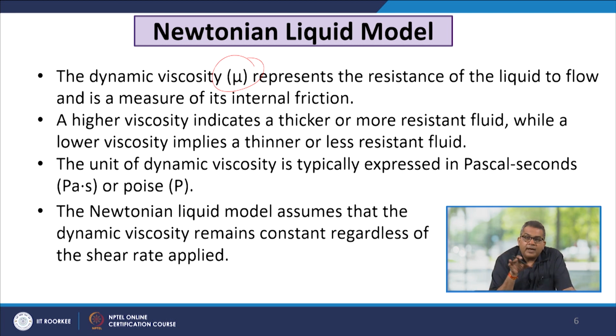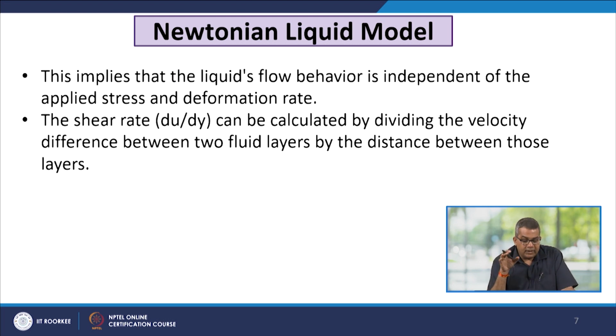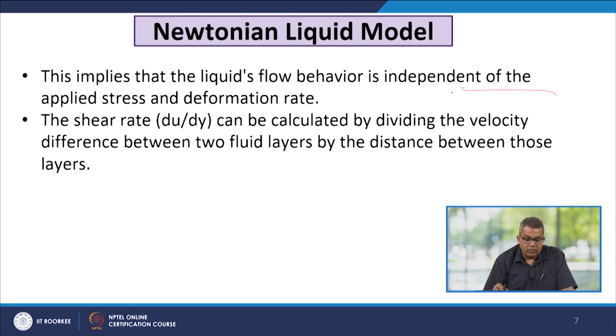The unit of dynamic viscosity is typically expressed in Pascal second or Pa·s, or poise. The Newtonian liquid model assumes that the dynamic viscosity remains constant regardless of the shear rate applied. This implies the liquid's flow behavior is independent of the applied stress and deformation rate.